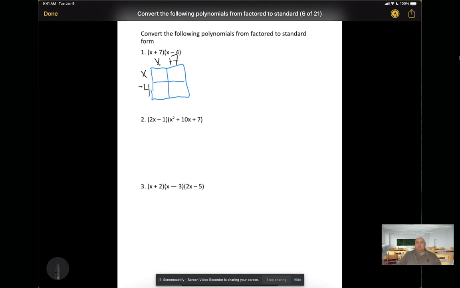And I'm basically going to treat this as if it were one of those multiplication tables you used to use in elementary school. Okay? So to fill in each box, I'm going to multiply out.